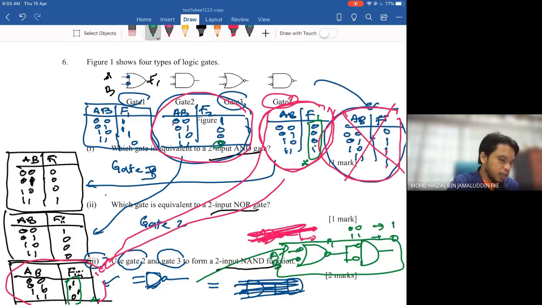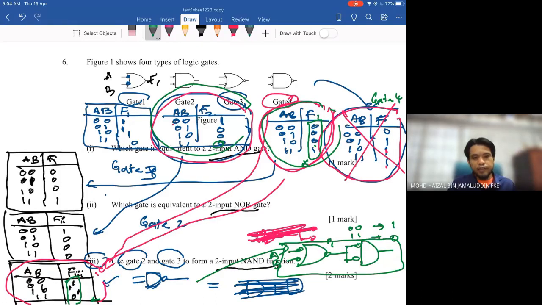So just now I mistakenly thought this was gate 3. So this is actually gate 4. So I tried just now to relate the question of gate 2 and gate 3. So it looks difficult, but with exercise, it should be easy.